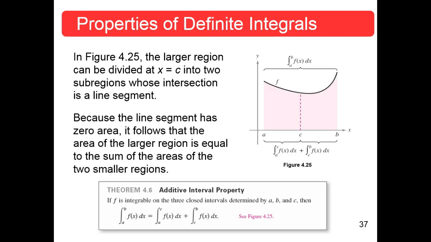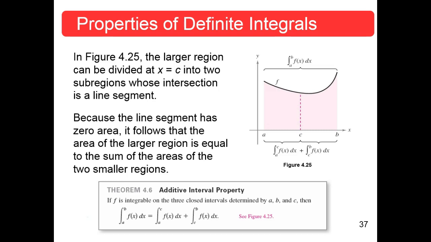Okay. Now, in this figure, 425, on the same page, which, by the way, is page 275, this larger region can be divided by x equals c into two subregions, and whose intersection is that line segment, that dotted line right there, which of course we know has 0 area.